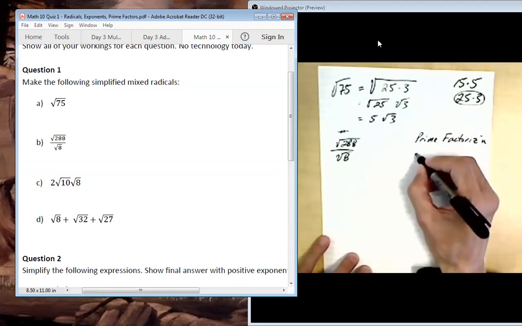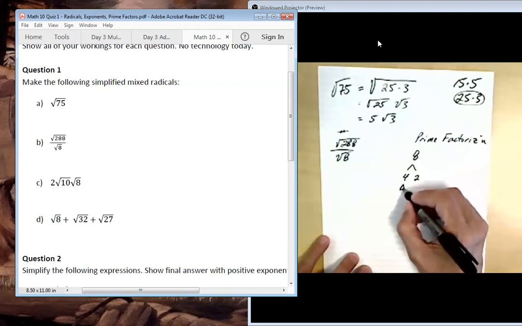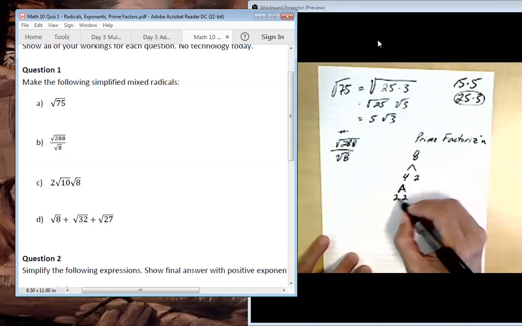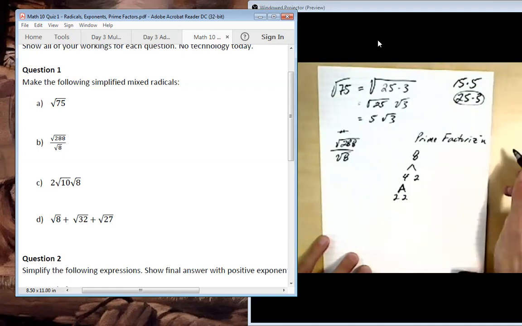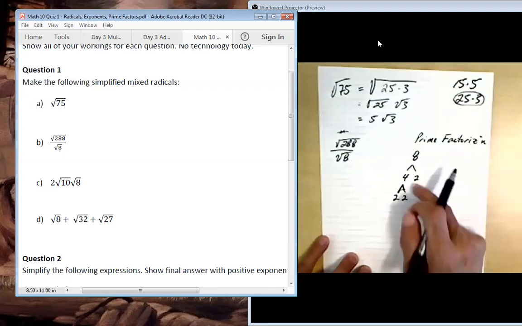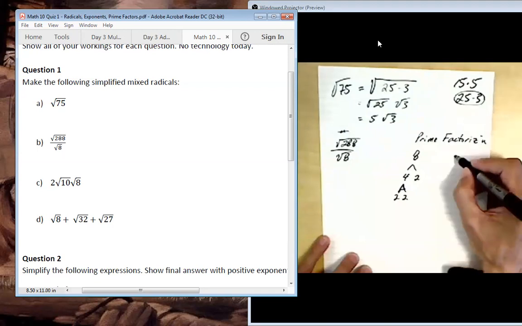So the number 8: 2 times 2 times 2. We'll put 288 in there. That's going to be quite a bit bigger.